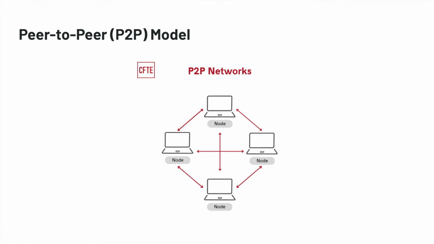So right here, we have, for example, this one. This is connected to this computer right here, this computer right here, this computer right here. And actually it's connected to all of them. So basically you can think of it as everyone being connected to everyone else. Every peer is connected to every other peer. Now these connections may not be constant, but basically every computer can access every other computer on the network to a certain extent through some software program or whatnot.